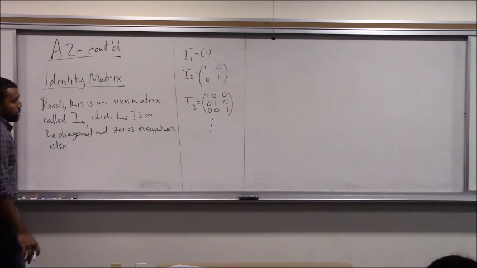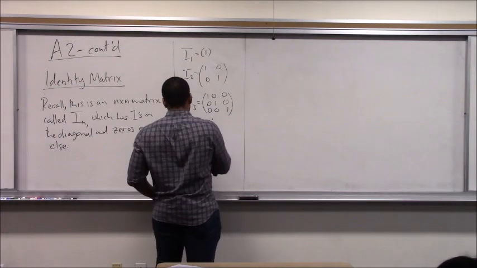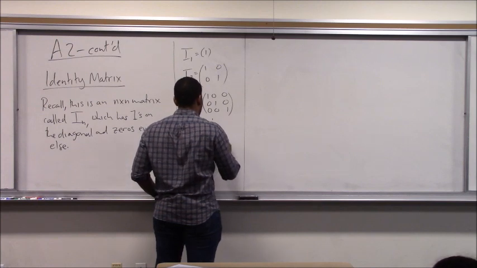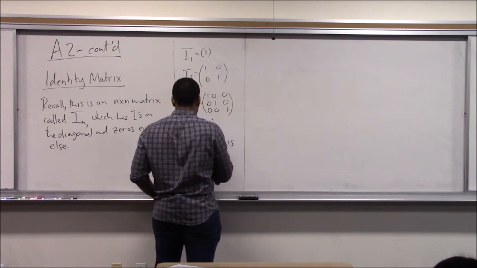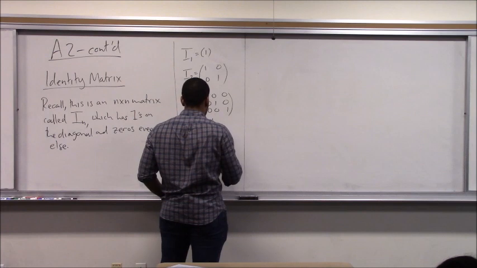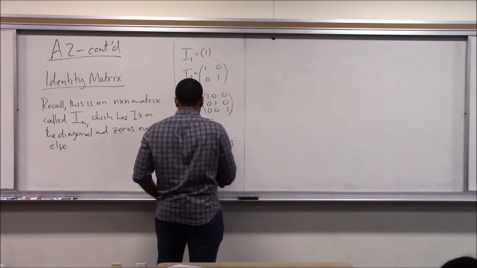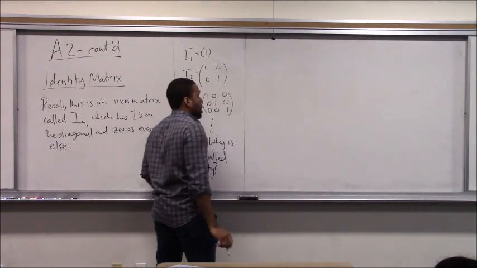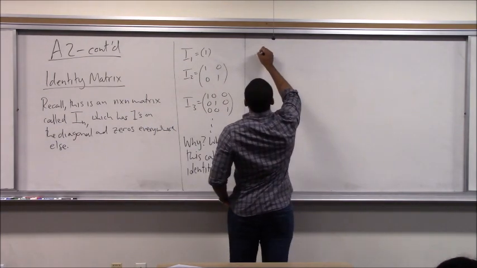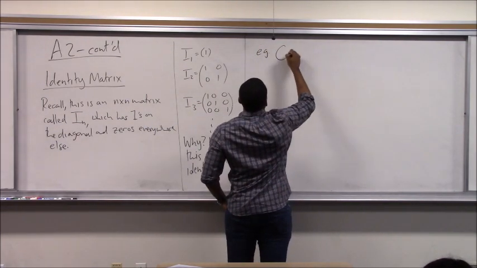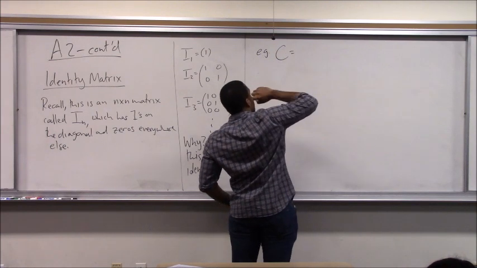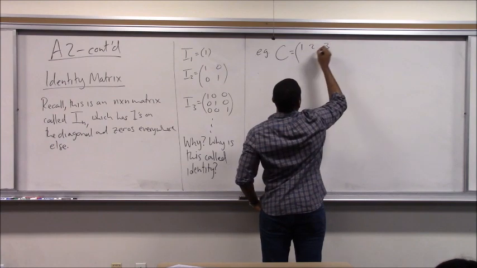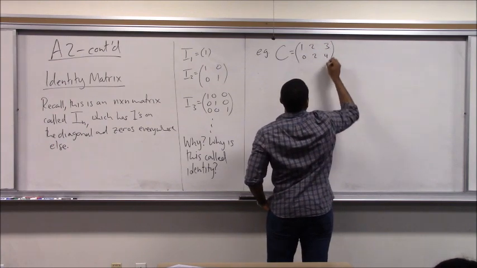Now, why do we call this the identity matrix? Let me show you. Take C from the previous example, which we did last week: 1, 2, 3, 0, 2, 4.